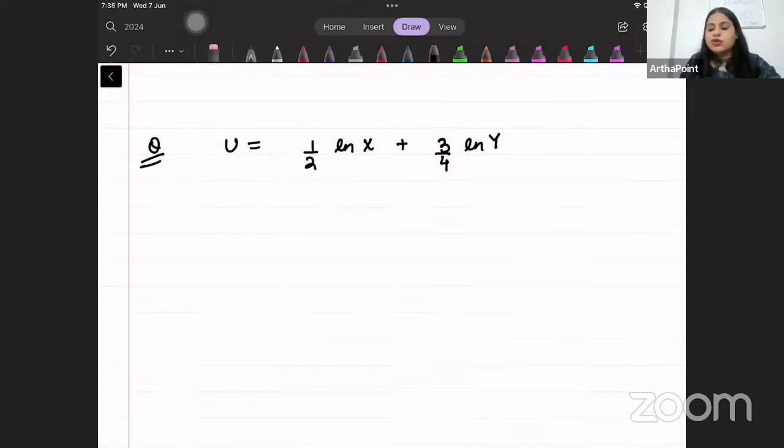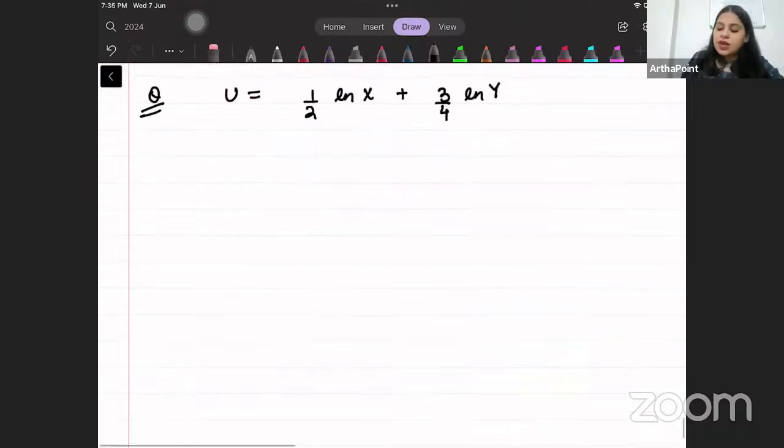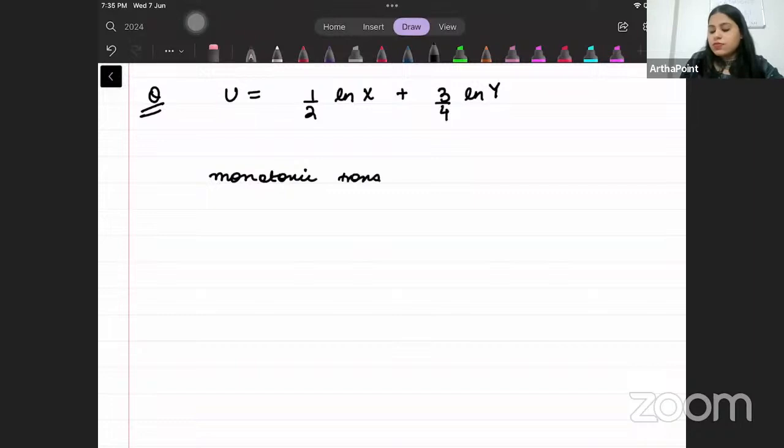We will talk about utility functions in detail today, but I just want to ask if this is a monotonic transformation of a well-defined utility function or not.